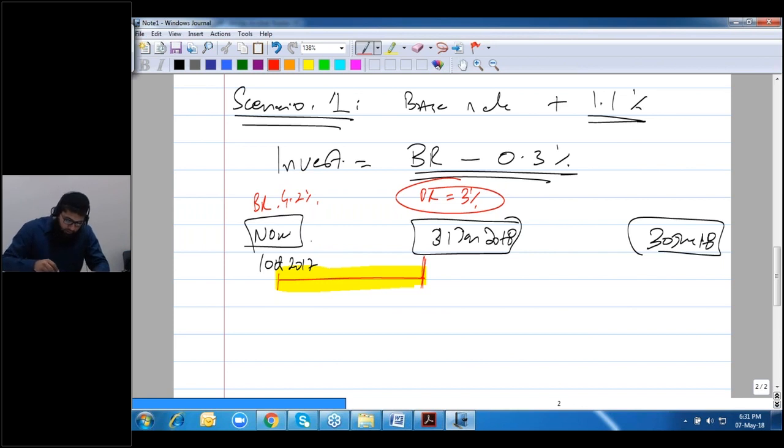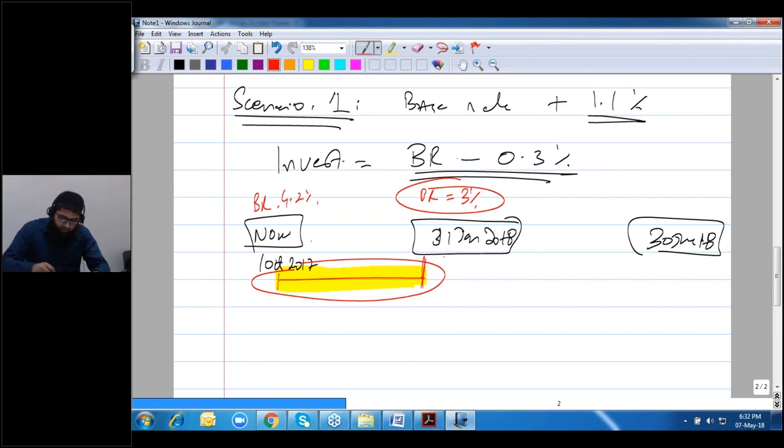Thank you very much. Now see, right now the base rate is 4.2%, and the risk is that the interest rate might move adversely up till 31st January 2018, the date that we are going to invest. So the period that we need to hedge, the period that we need to cover, is this specific period.